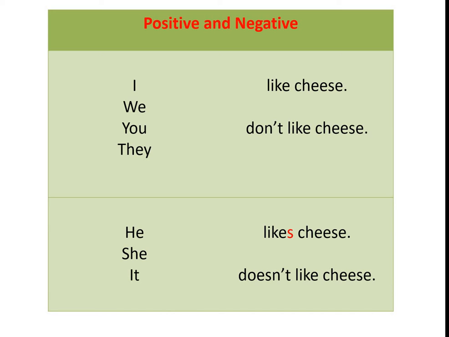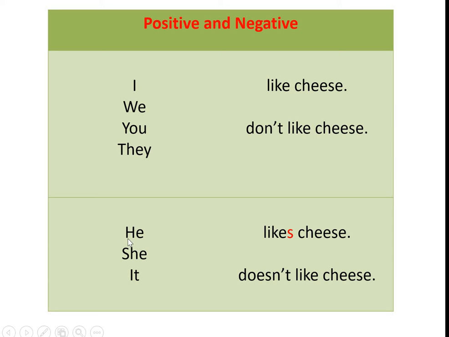If we want to make a negative from a simple sentence, I like cheese, it's going to be I don't like cheese. We like cheese becomes we don't like cheese. You don't like cheese. They don't like cheese. So we use don't with the plural subject.